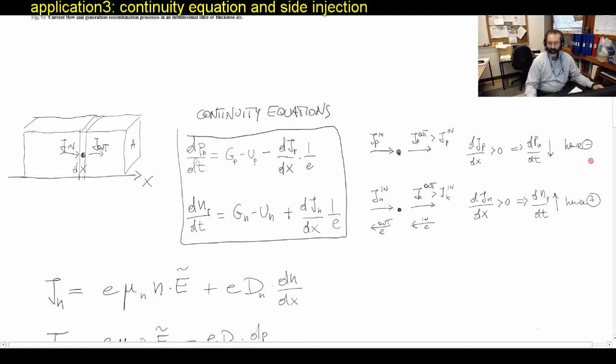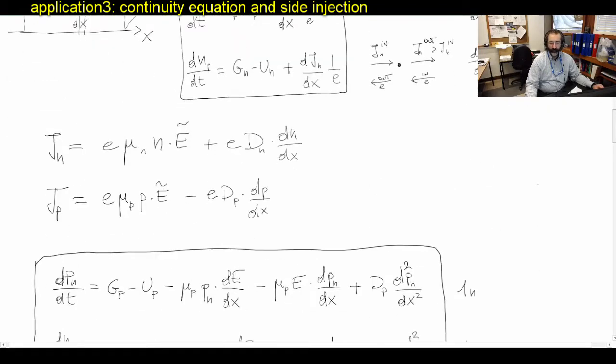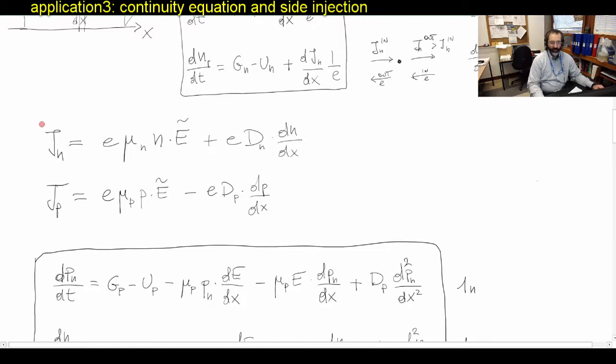And if you remember, we said that if you use for JP or JN the expressions that we found last week, J, N or P is always made of two components, one part due to drift and one part due to diffusion.